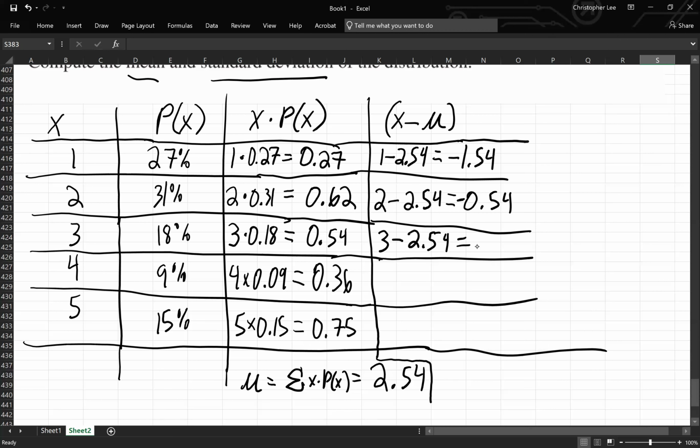Sounds good. Next, we're going to have 4 minus 2.54. That should give you a positive 1.46. Then we have 5 minus 2.54. That should give us what?